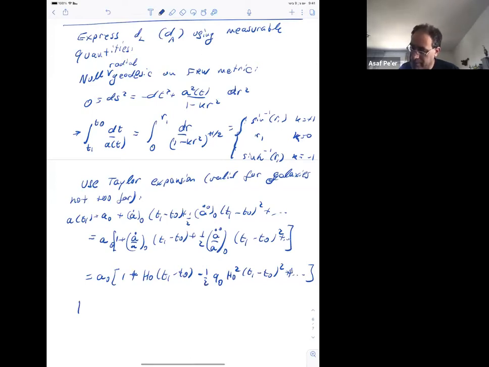Of course, H0 is Hubble's constant today. And Q0 is the deceleration parameter, which we introduced, right? It's just minus A dot dot over A dot squared, and again today. You remember that, right?